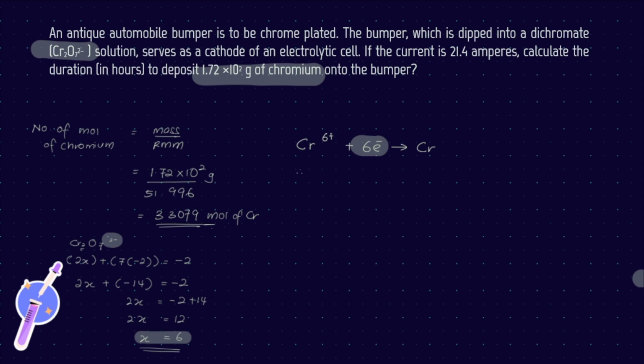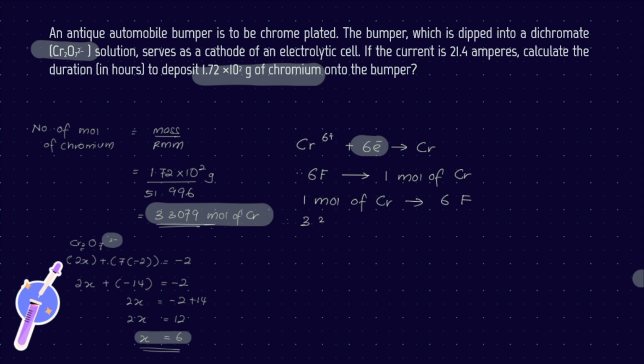In other words, we can say that 6 Faraday shall produce 1 mole of chromium. So we need to rearrange this. For 1 mole of chromium, you need 6 Faraday.